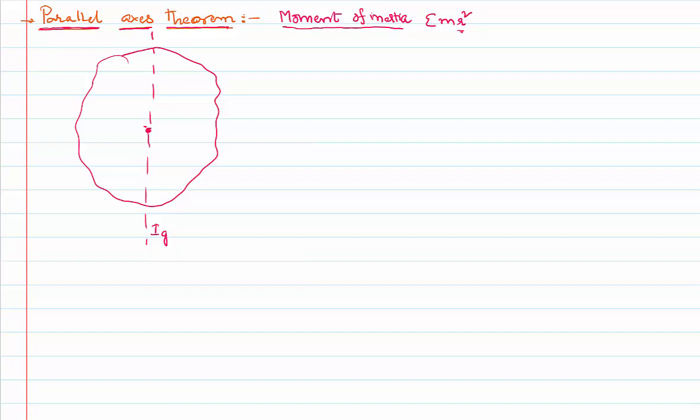Now my aim is, I want to calculate the moment of inertia of the same body about another parallel axis, that is I. Let me also assume these two axes have a perpendicular distance of separation r.